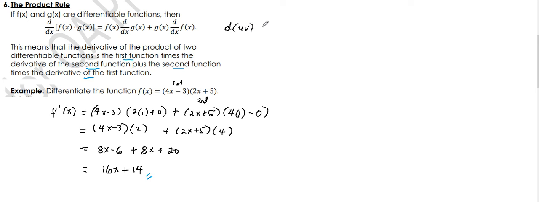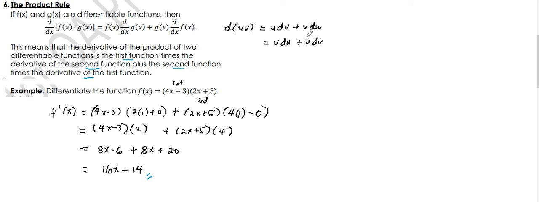Okay? So, sabi dyan, you have u dv plus v du. Or, pwede rin namang v du plus u dv. No? Same lang sila ng magiging result. Kasi nga addition naman yan.